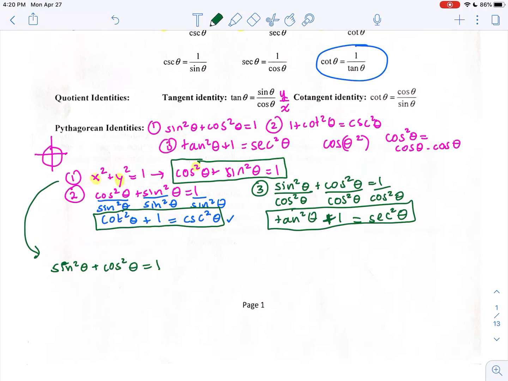If I subtract sine squared to the other side, then it's also true that cosine squared of theta is equal to 1 minus sine squared of theta. That's something that might pop up in a problem that you need to recognize. You can replace 1 minus sine squared of theta with cosine squared of theta, or vice versa. If you solve for sine squared of theta, it's equivalent to 1 minus cosine squared of theta. So being able to recognize that sine squared is 1 minus cosine squared is going to become important later on.